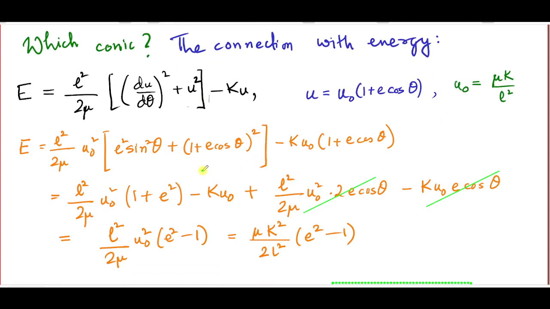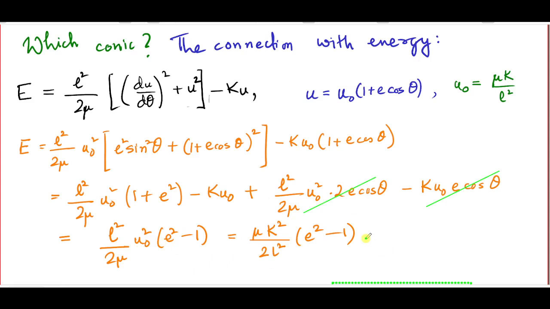So after you arrange everything, especially noting that k can be substituted in terms of u0 using this, or you could substitute for u0 in terms of k, this is the expression that you end up with. Or now, if you just get rid of the u0 and bring in k, you get mu k square by twice L square into (e square minus 1).